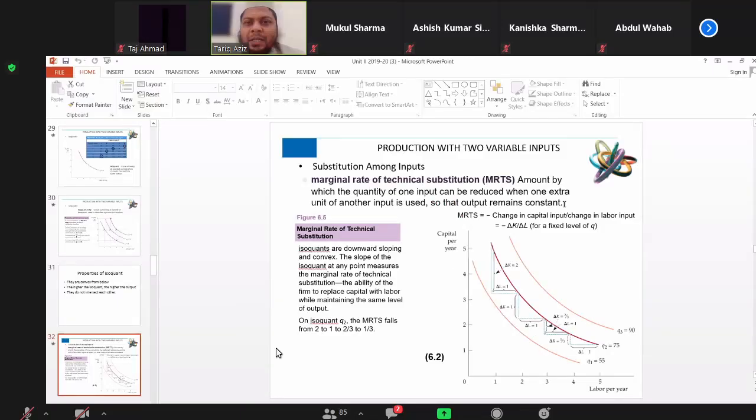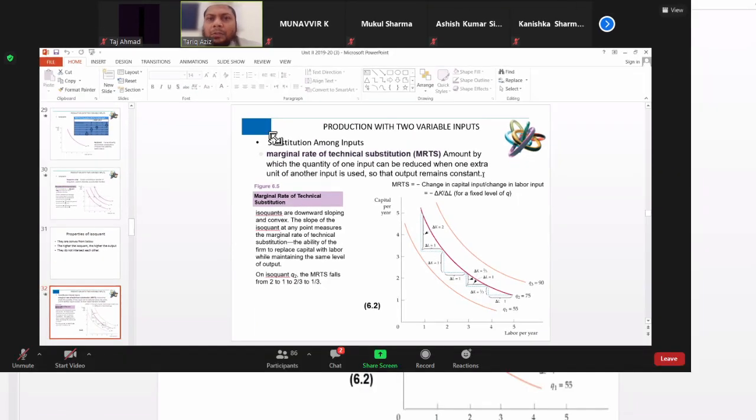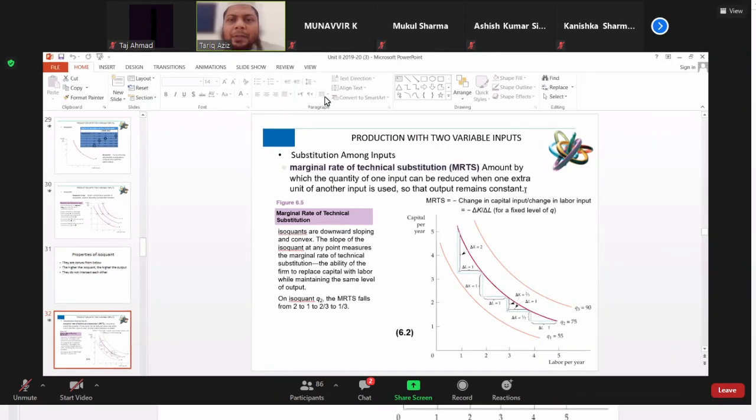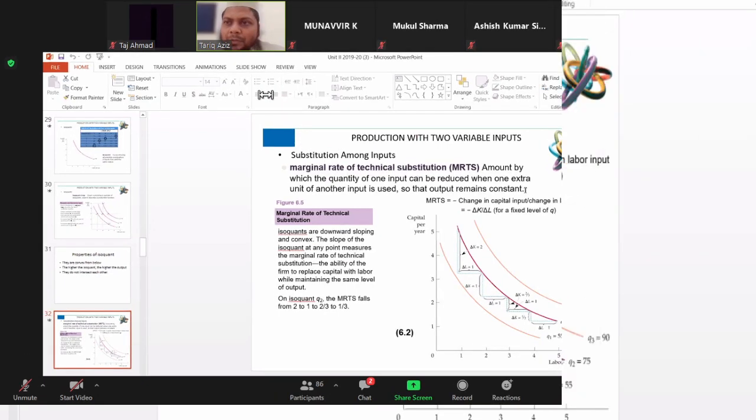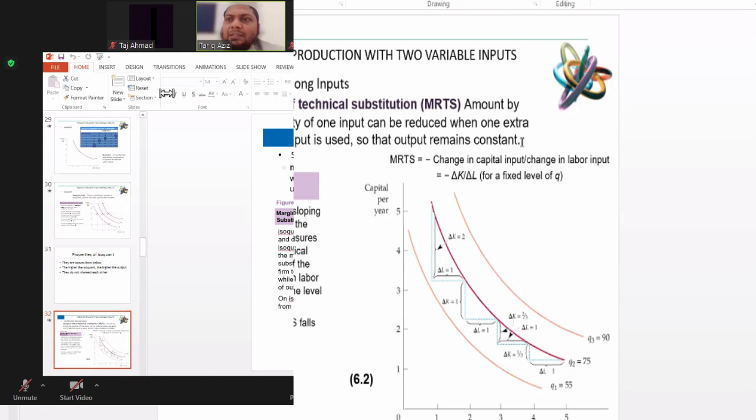So the technical substitution means the same level of work that can be produced by one unit of input cannot be replaced by another input that yields a similar level of output.